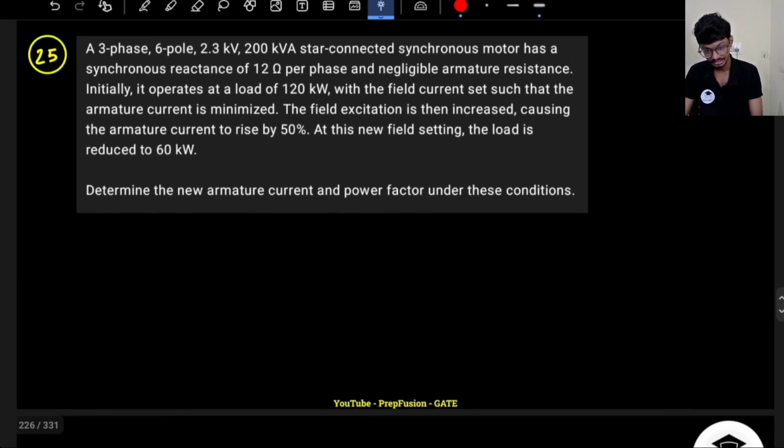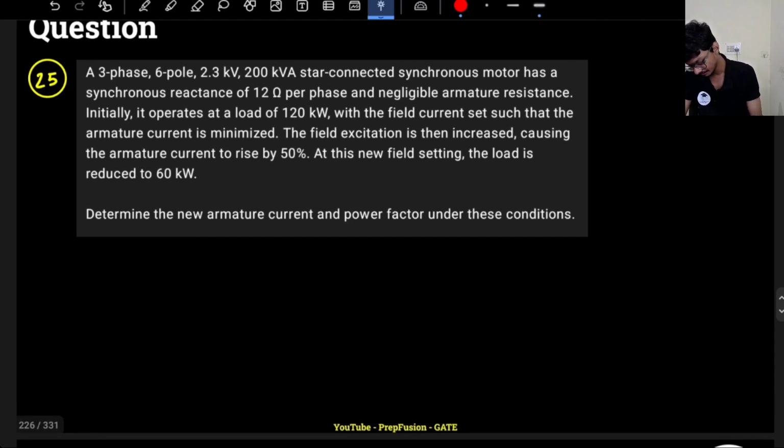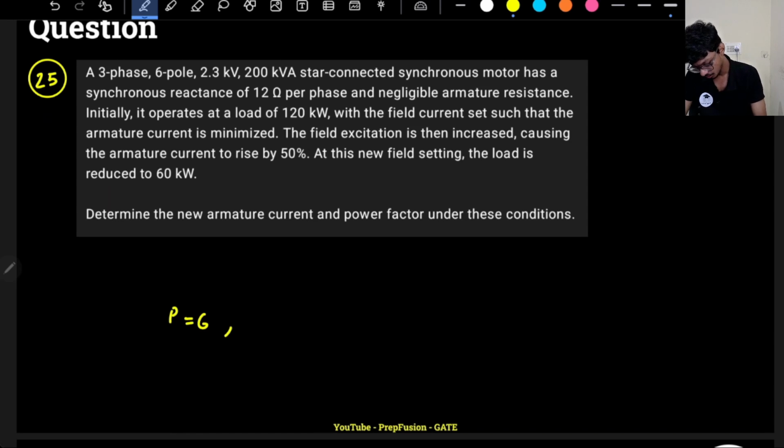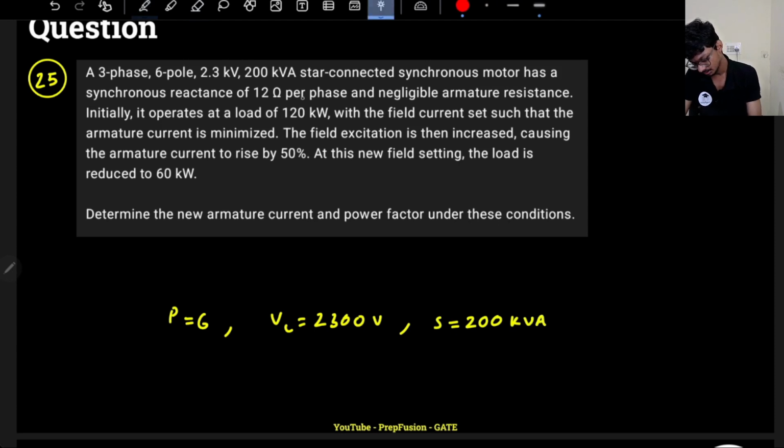Okay, let us solve the next one. This is the next question. A 3-phase 6 pole, so number of poles is 6, and it's a 2.3 kV, so V line is 2300 volts, and S rated is 200 kVA, star connected.